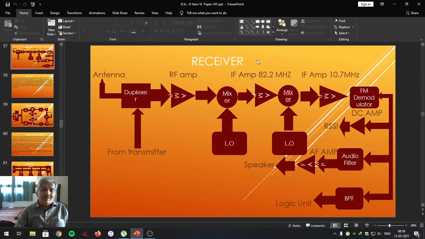Dear students, once the voice signal reaches the cell phone, the receiving antenna starts working, and the block diagram of the receiver of the cell phone is represented in this particular diagram. So this is the peculiar diagram of the receiver that is used in cellular phone.